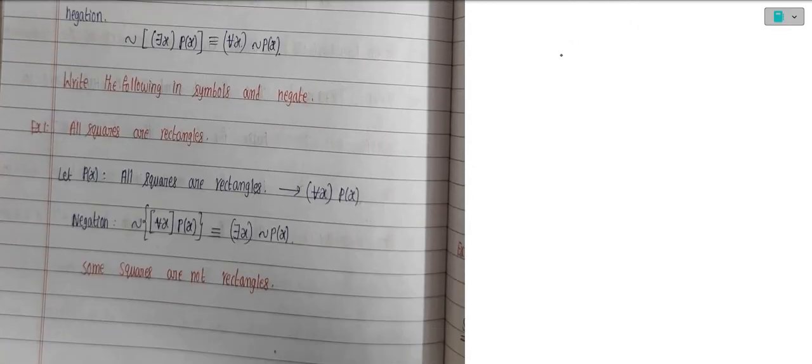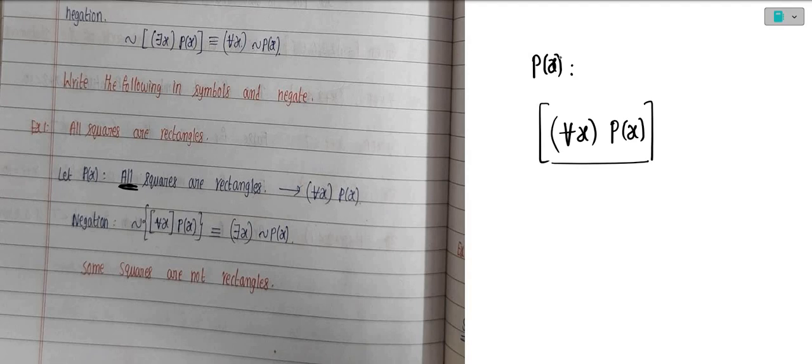So first question: write the following in symbols and negate. All squares are rectangles. So p of x is 'squares are rectangles'. Here we have 'all', so I am writing for all x, p of x as it is. Now I need the negation of this, so I am keeping the negation symbol here, remaining as it is.